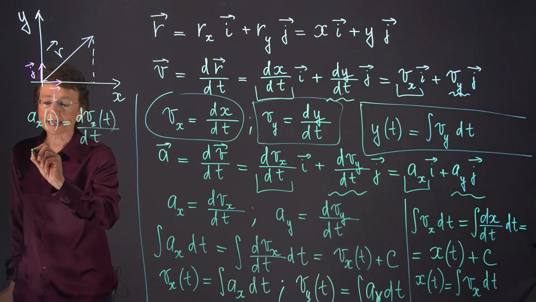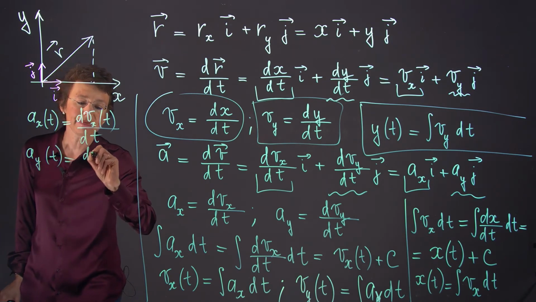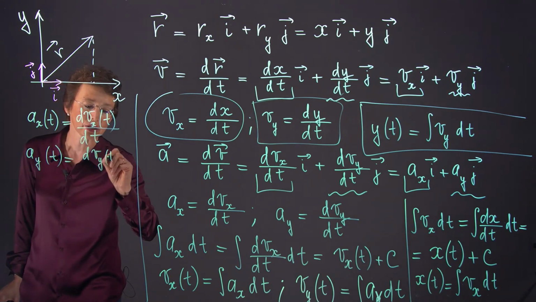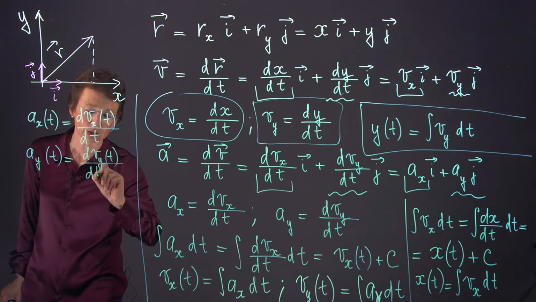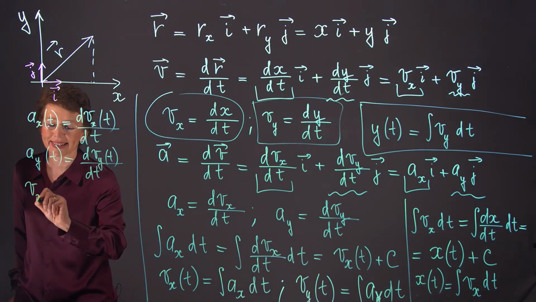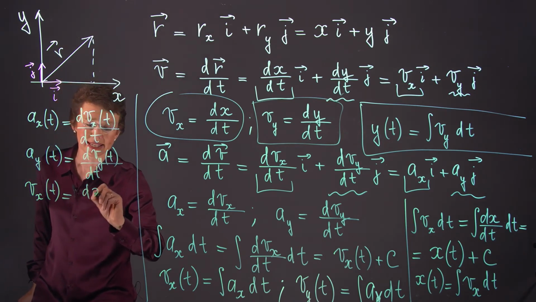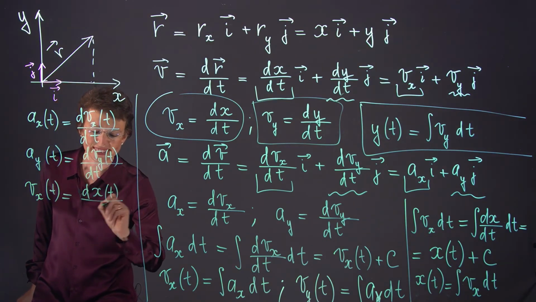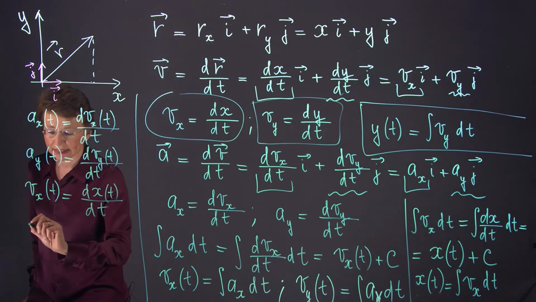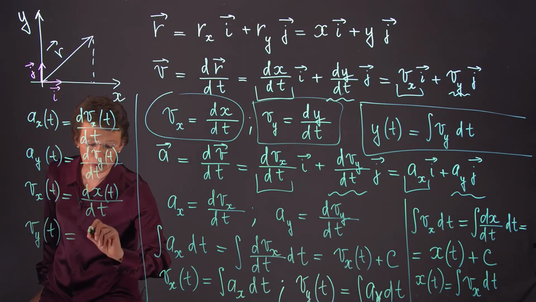We know that ay as a function of time is the derivative of vy with respect to time. Then vx as a function of time is dx dt, and vy is equal to dy dt.